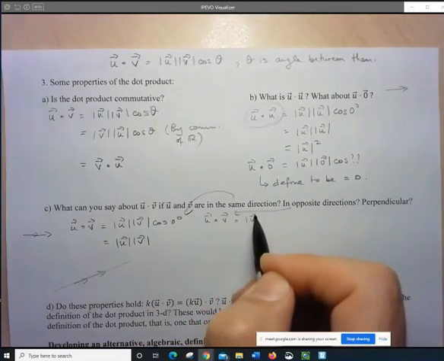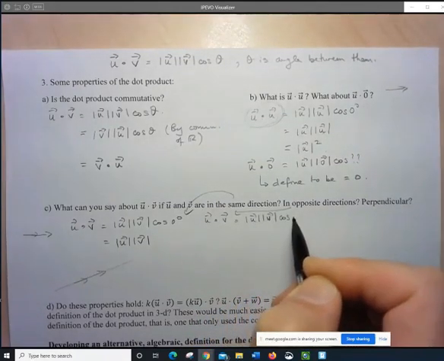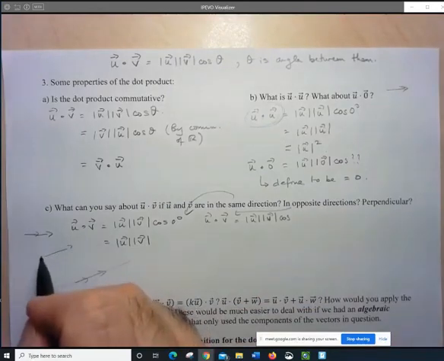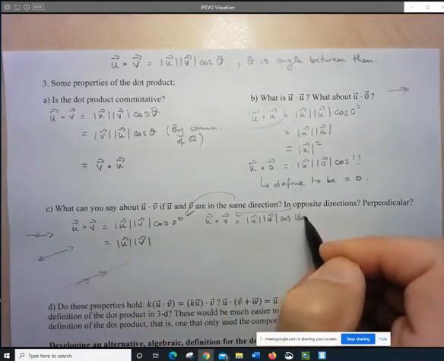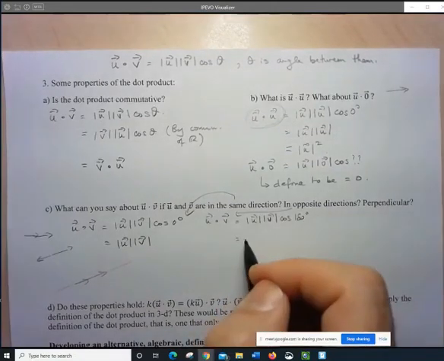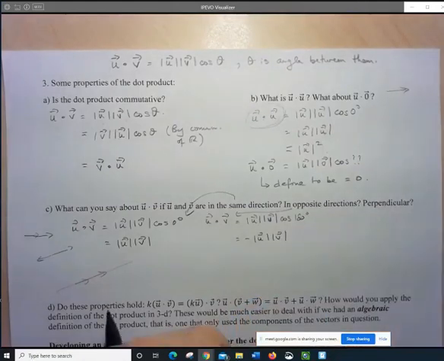What do we get? We get magnitude of u times magnitude of v times the cosine of. Well, if they're in opposite directions, then the angle between them is just 180. So you just get negative magnitude of u times magnitude of v.